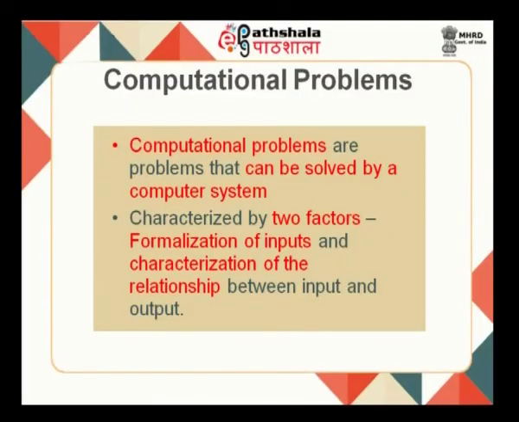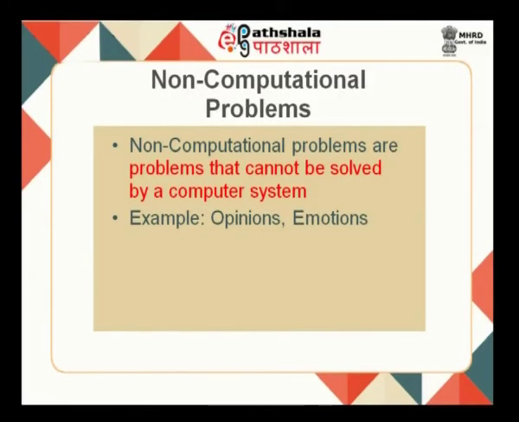If these two properties are adhered to, then we can say that it is a computational problem, and for these sorts of problems algorithms are possible. Computers cannot solve non-computational problems. What is a non-computational problem? Any problem that cannot be solved by the computer is called a non-computational problem.